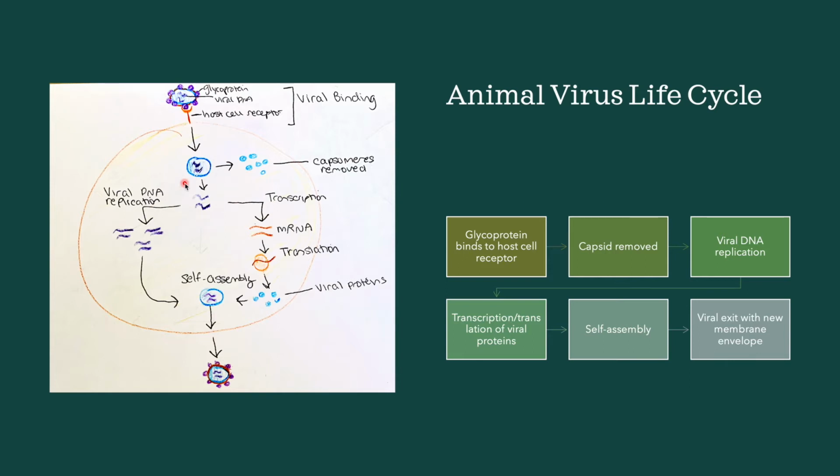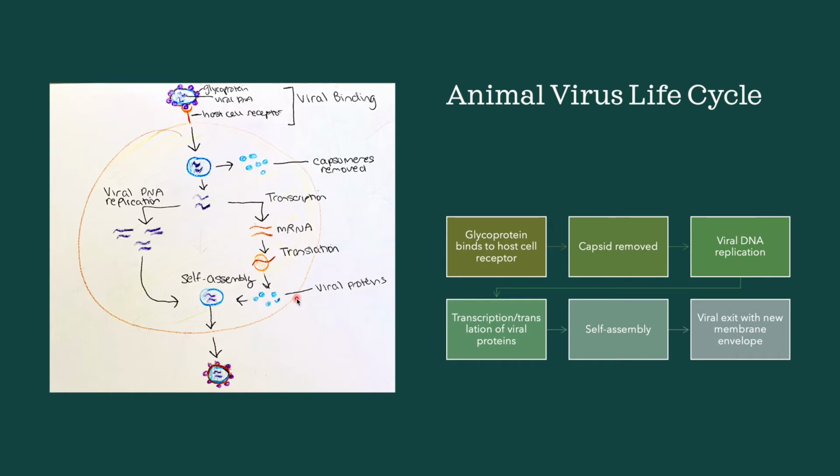Some of the viral DNA is used for replication of this DNA, utilizing the host cell's enzymes, like DNA polymerase, for this process. Some of the viral DNA is also used for transcription and translation of viral proteins. The virus uses the host cell's enzymes and ribosomes for this process.